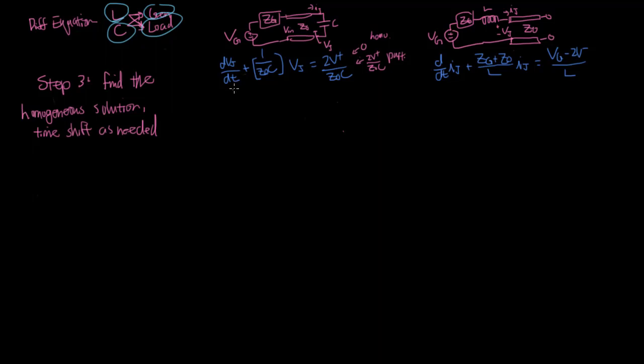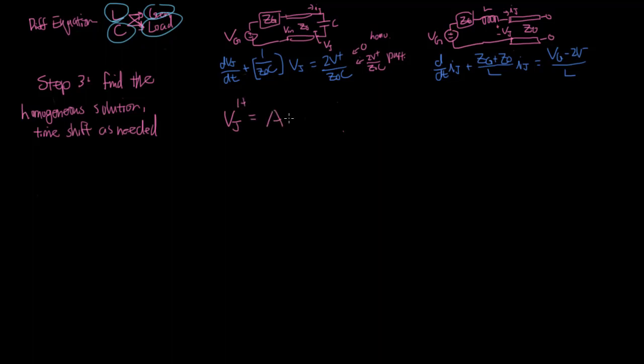Or you may remember there's also a little trick where you set Vj to be equal to uv, and then you do some manipulation of the differentiation of dVj dt and a lot of acrobatics. But the other way that we can use for the time being when we first learned differential equations was just the guess and check approach. So for the homogeneous solution, we want to set this right hand side equal to 0, and we can see that the solution will be of this form.